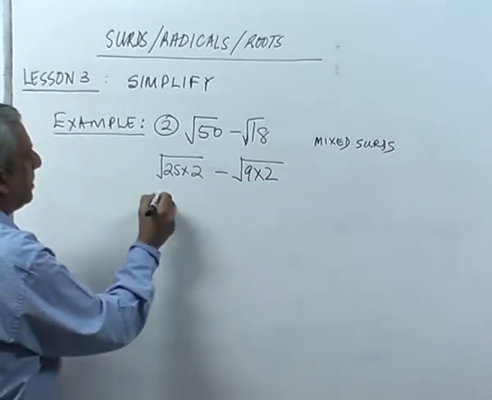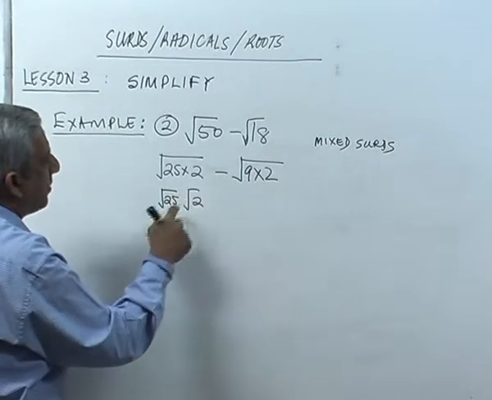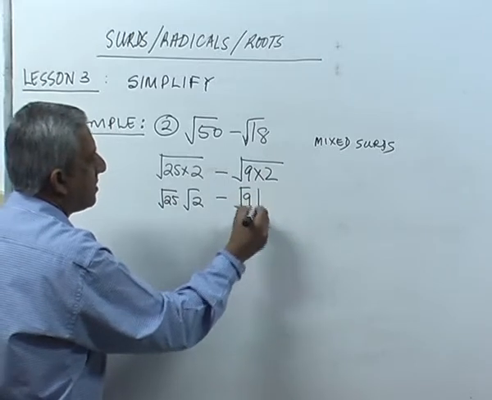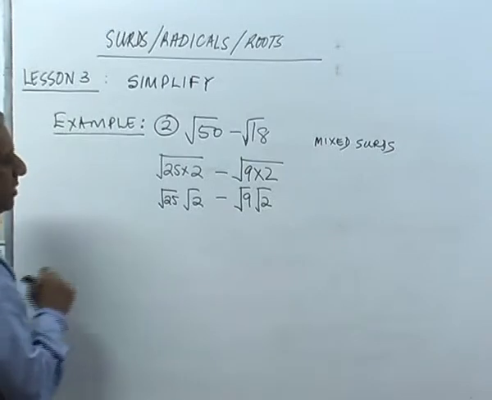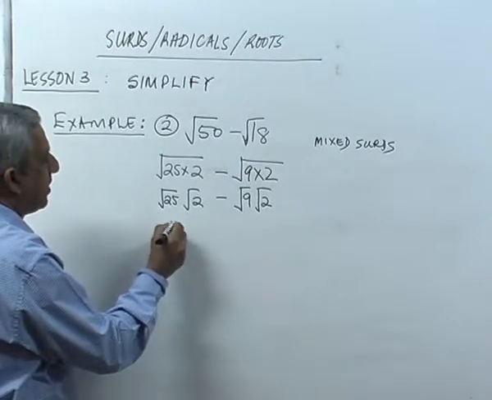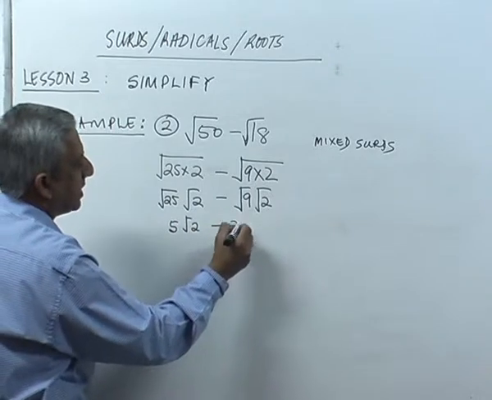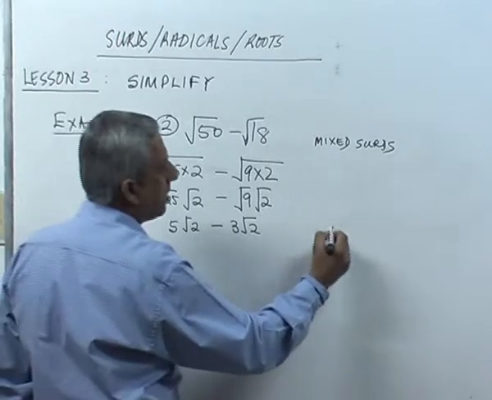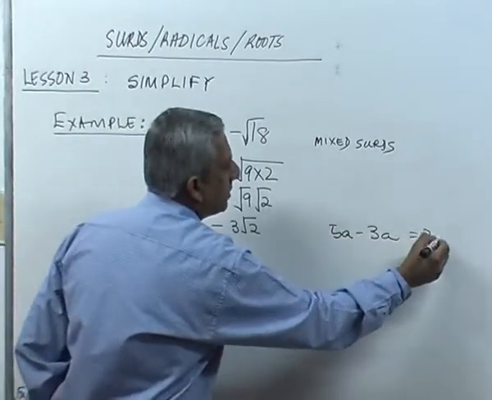And now, you can break this up. 25, square root of 2, I don't have to put a multiplication sign in between. Square root of 9, square root of 2. No need for multiplication sign in between. This becomes, square root of 25 is 5 root 2 minus 3 root 2. Now this is like 5a minus 3a. Answer is 2a.